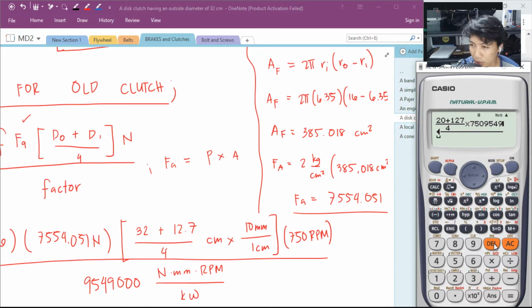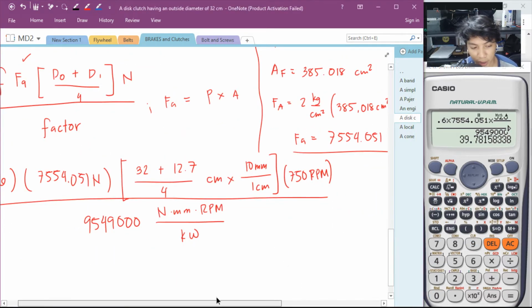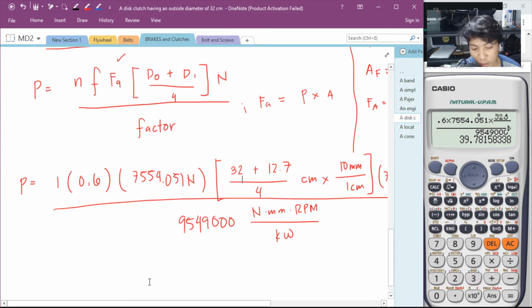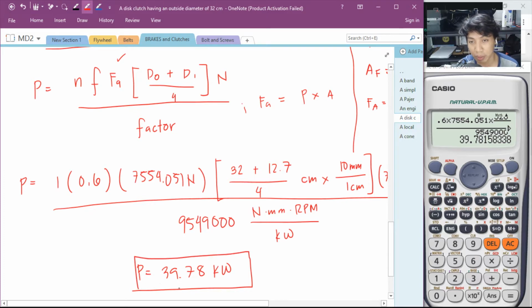Uy, nababa to. The answer is 39.78 kilowatts. Yun yung power. 39.78 kilowatts. Talagang mas mababa yung power niya kapag worn na yung clutch or gastado na yung clutch.